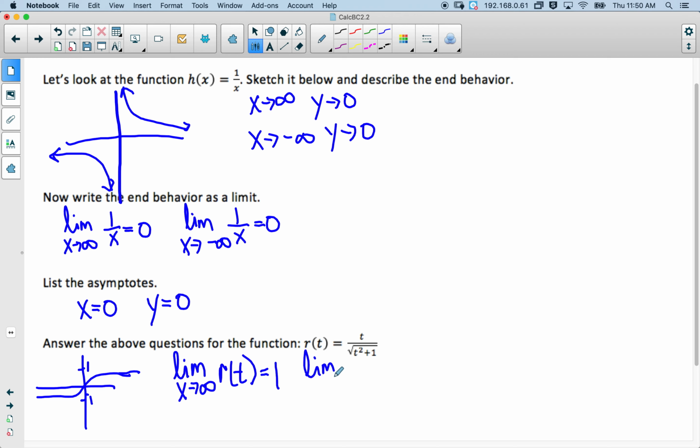And the limit as x approaches negative infinity of r of t is equal to negative 1. So we have a horizontal asymptote at y equals 1 and y equals negative 1. Okay? All right.